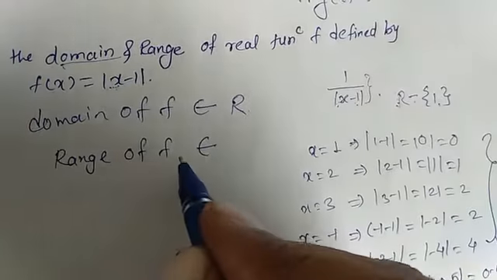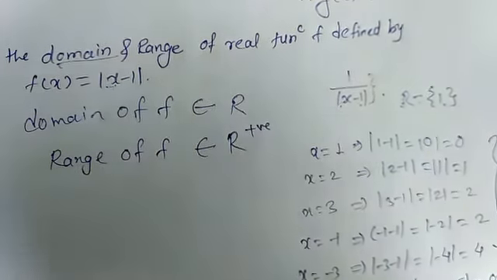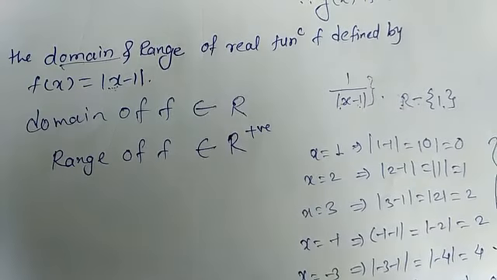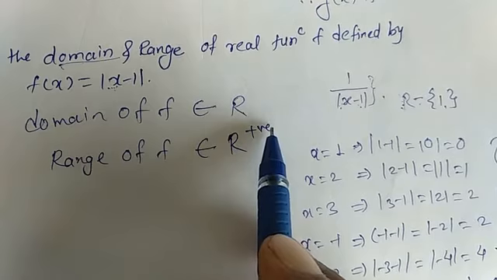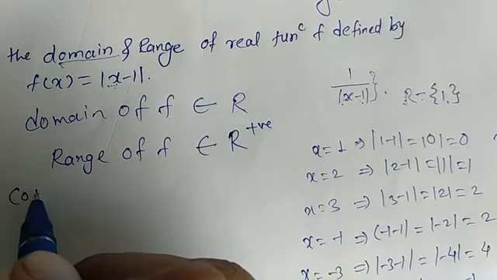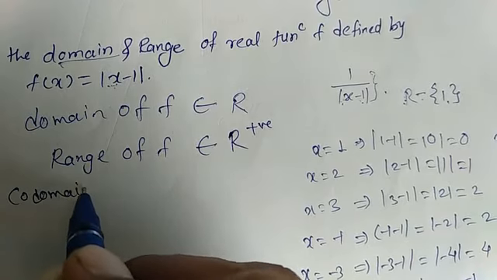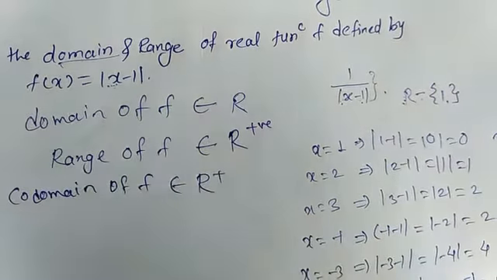So its range will be positive real numbers, R positive. So its domain is the real numbers and its range is R positive. Okay, and its codomain set, the codomain of f will be R plus only.